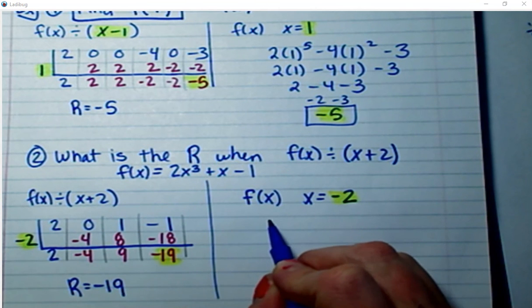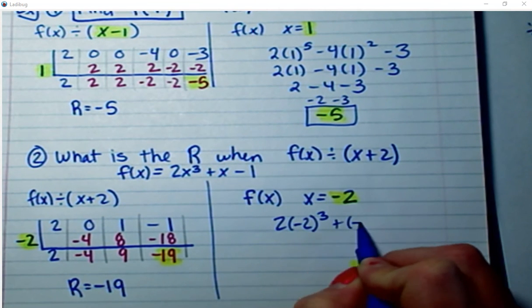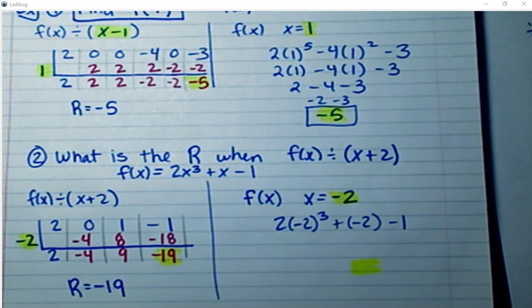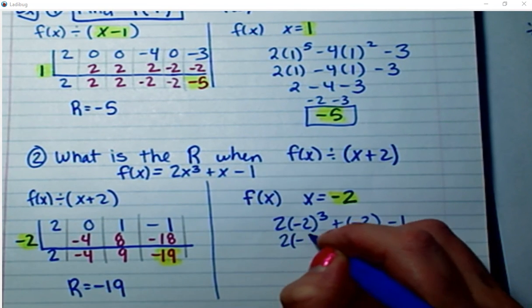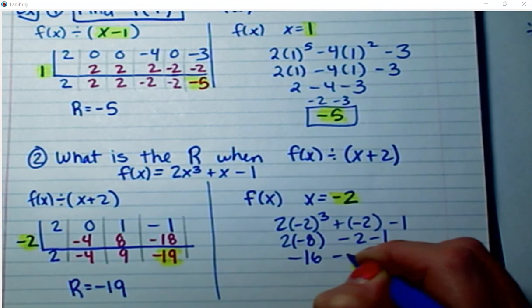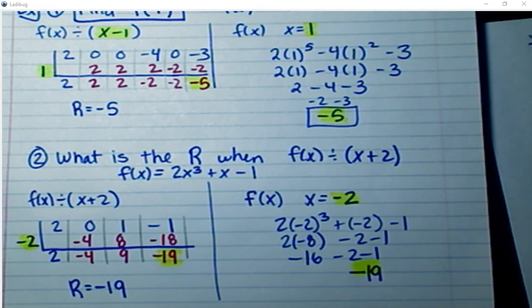Okay, so I guess I'm just going to plug it in. 2 times -2 cubed. Okay, negative times negative times negative is negative. That's the whole point. It's supposed to be the same.